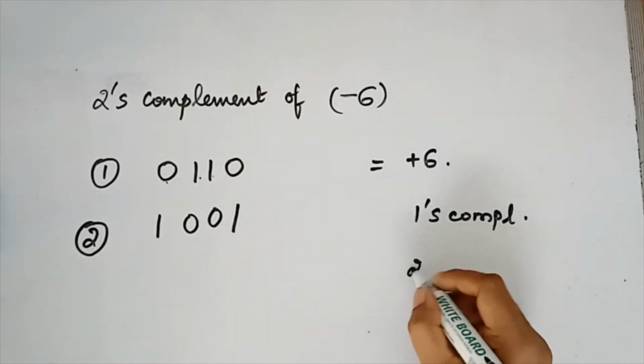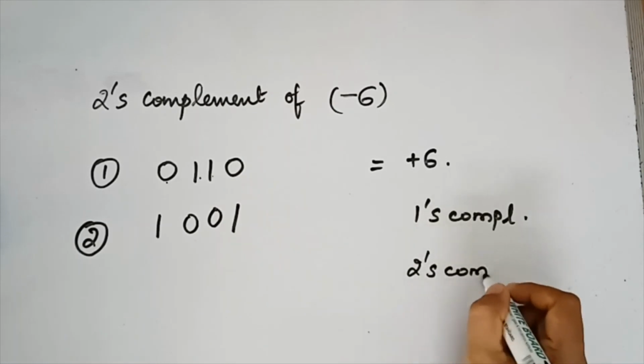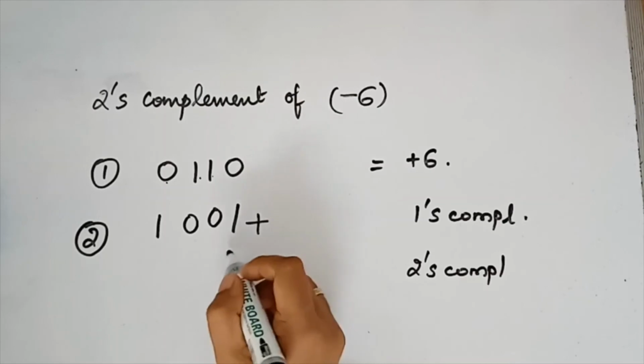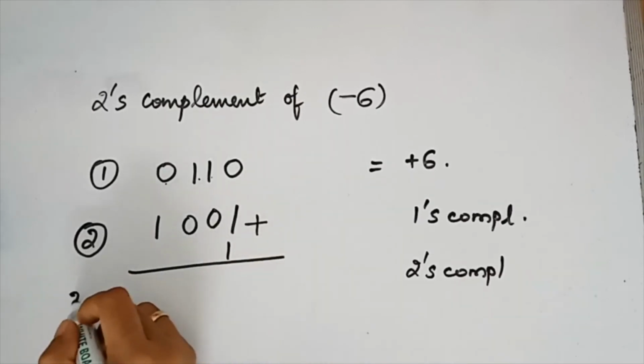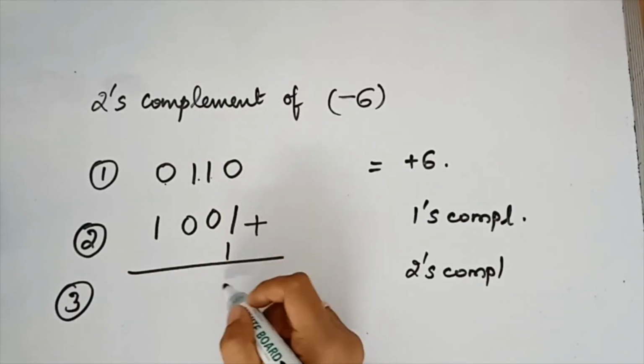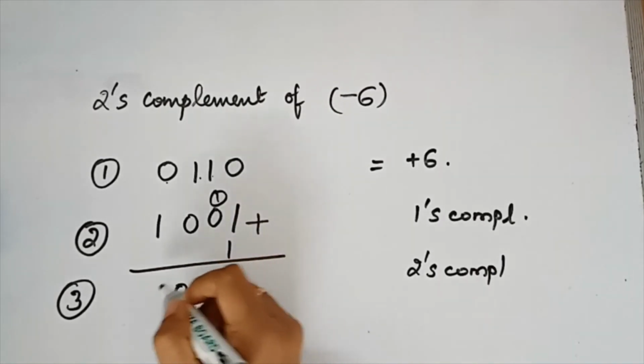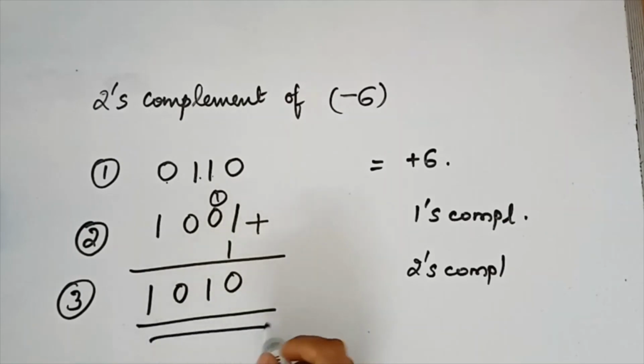Then to find the 2's complement, add 1 to the 1's complement representation. That is the third step. So 1 plus 1 is 0, carry 1, that is 1, 0 and 1. So that is 1, 0, 1, 0. So the 1, 0, 1, 0 is the 2's complement form of -6.